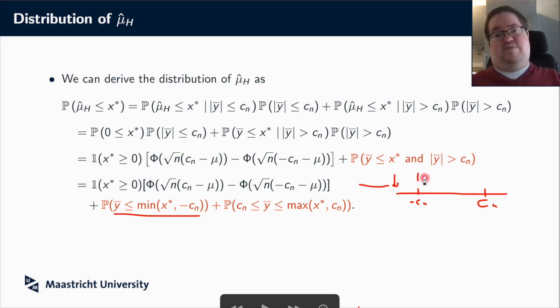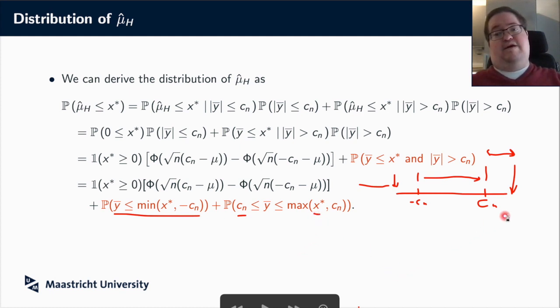Now for everything in between here, I do not count anything for this probability. I only start counting again when x star goes beyond Cn. So suppose that x star is somewhere here, beyond Cn. Well, in that case, what I should add is the probability of y bar ending up in this area, so the probability that y bar is between a lower bound of Cn and an upper bound of x star.